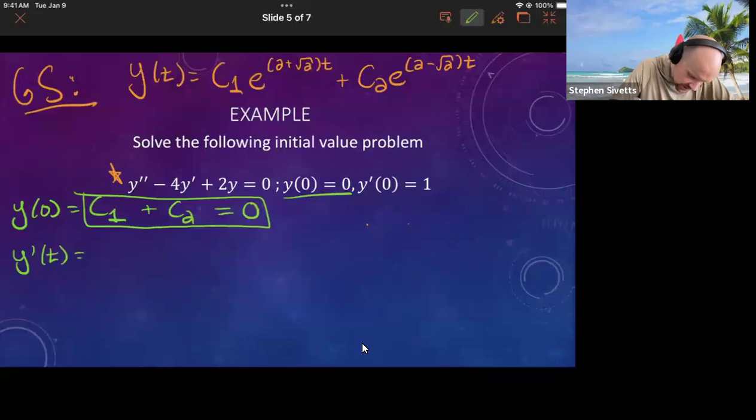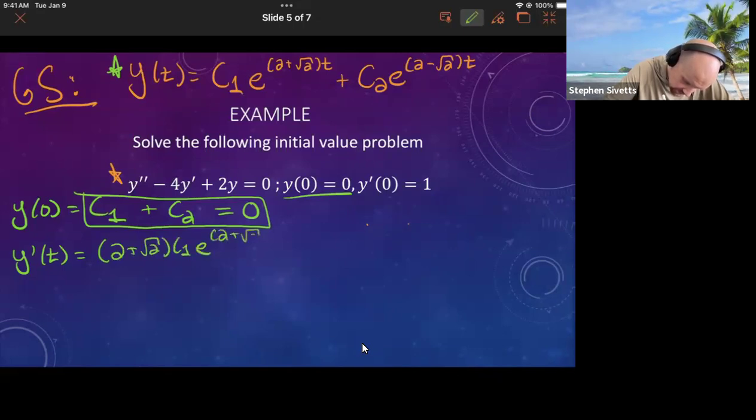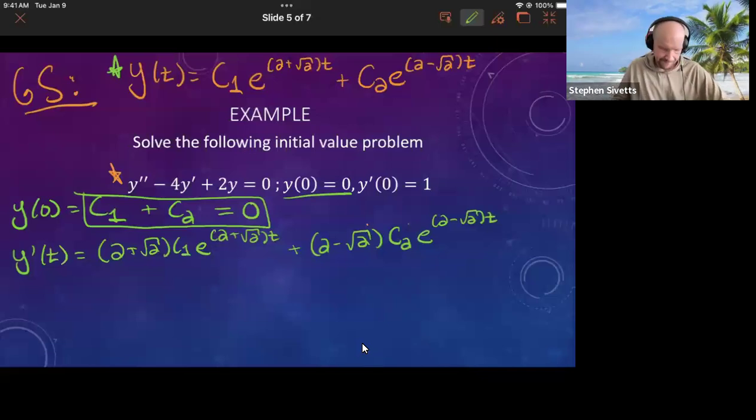The next initial condition will come from differentiating the general solution y of t. So the derivative of y is 2 plus root 2 times C1 times e to the 2 plus root 2 times t, plus 2 minus root 2 times C2 times e to the 2 minus root 2 times t.